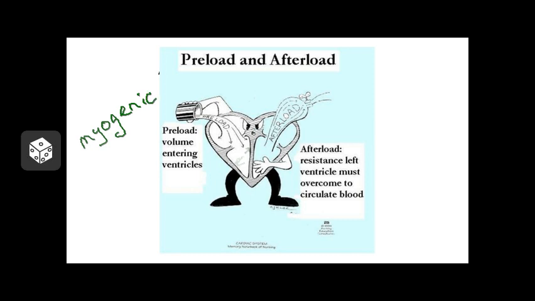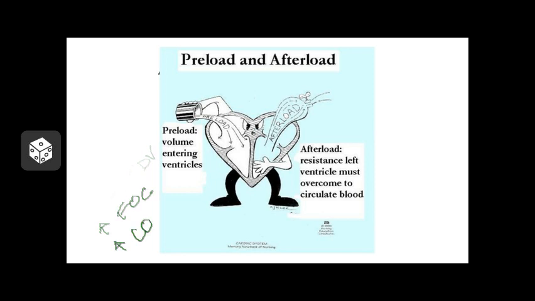It is reflexive. Myogenic means that as you stretch the muscle cells, they generate more force of contraction. So preload means an increase in end diastolic volume, and that is going to result in an increase in force of contraction, which will increase cardiac output.